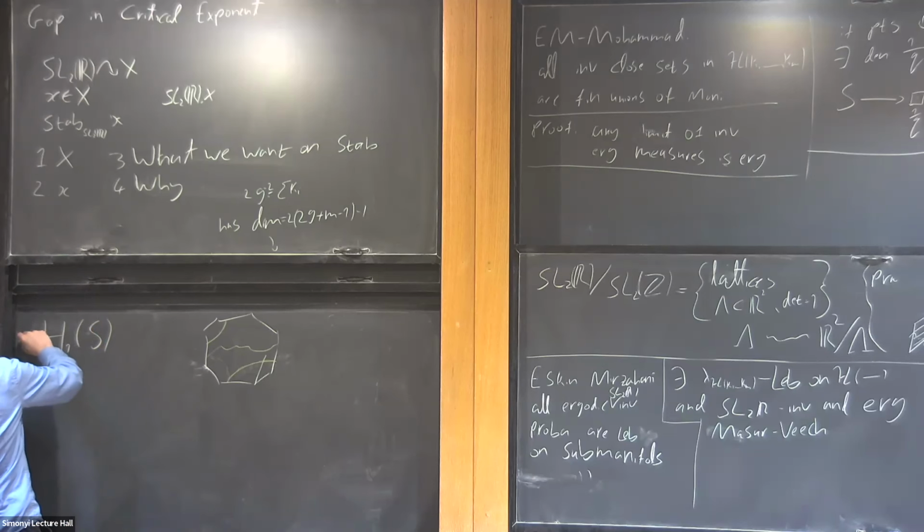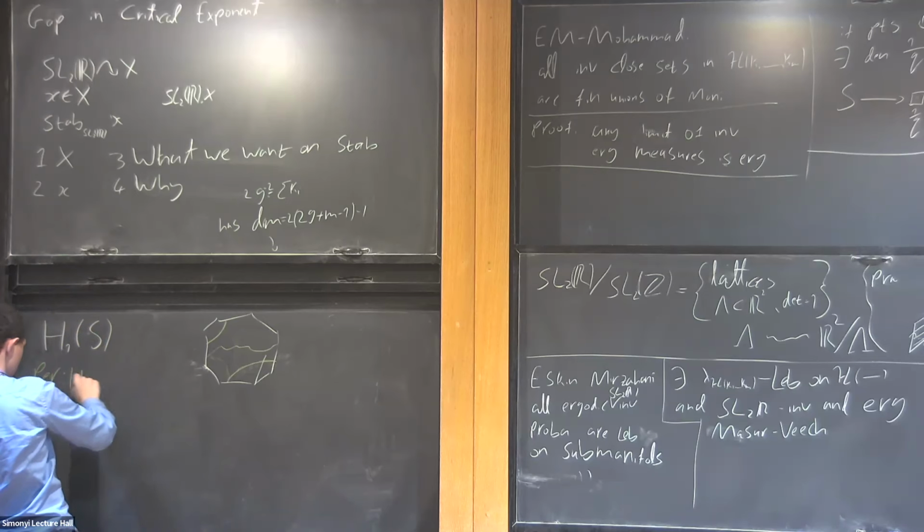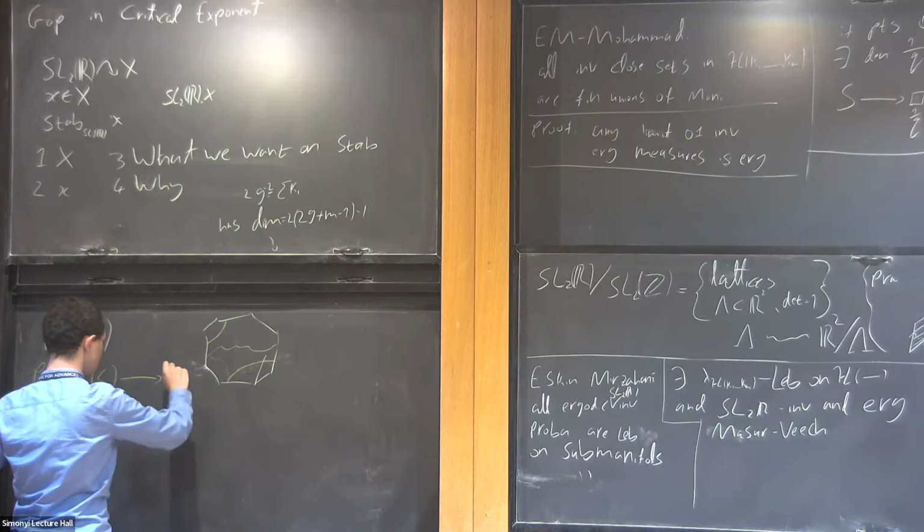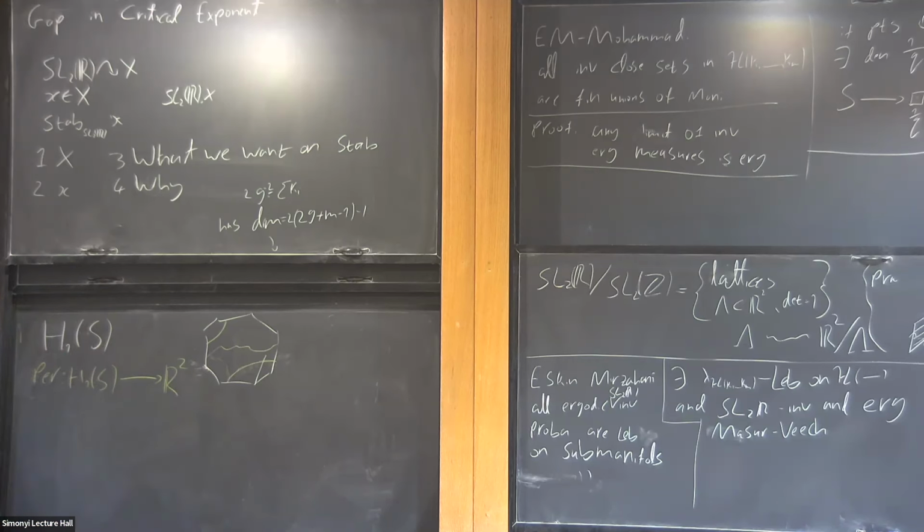So you get a map, called the period map, from the homology group of S to R2. Does this make sense?